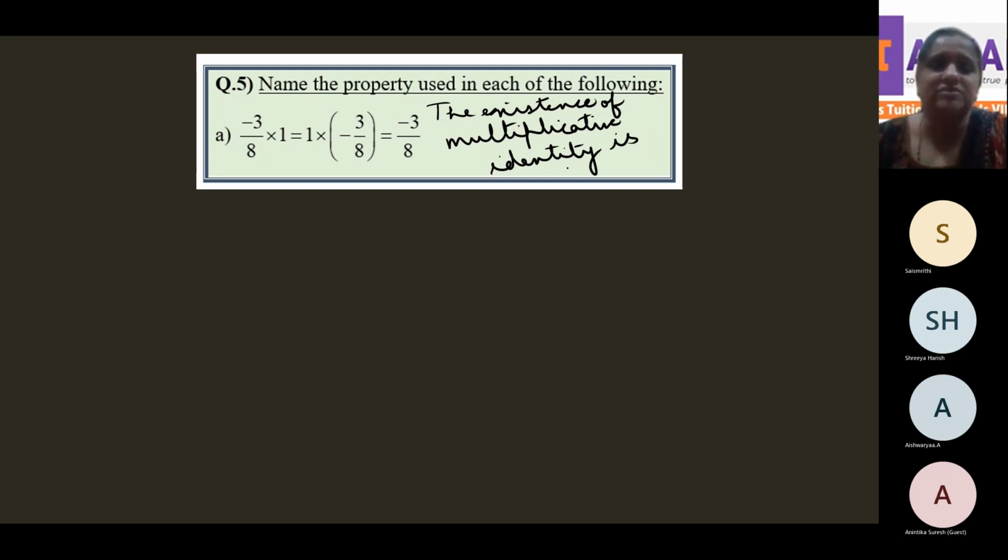It is reflected in this equation. This is enough. The existence of multiplicative identity. So a rational number multiplied by 1 is equal to 1 multiplied by the same rational number, which is equal to the rational number itself.